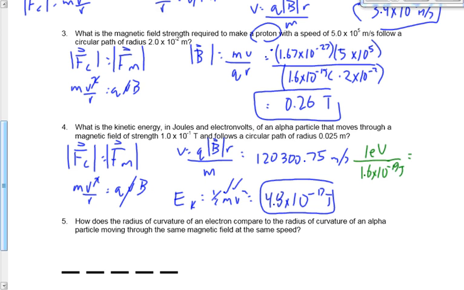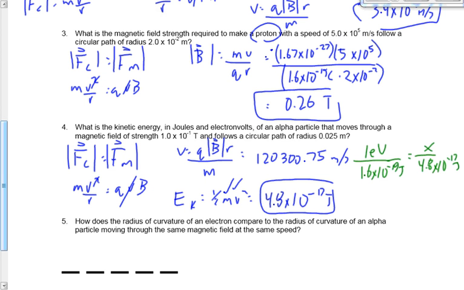So let's set those equal to each other in the form of a fraction: 1 over 1.6 equals x over 4.8 times 10 to the minus 17 joules.